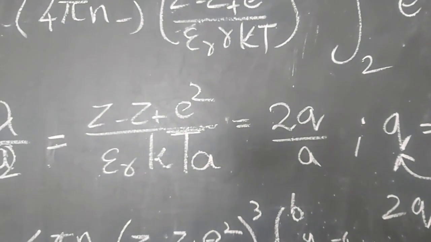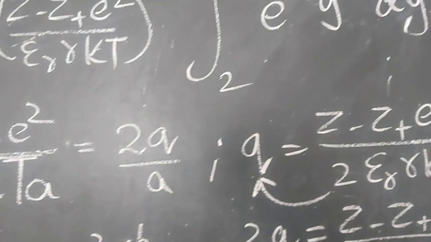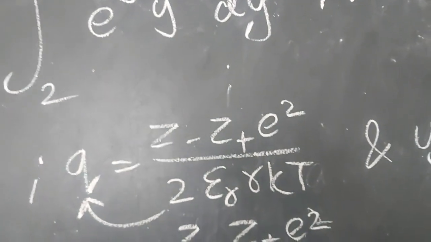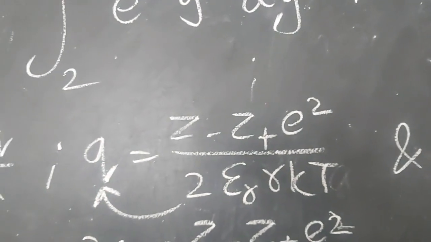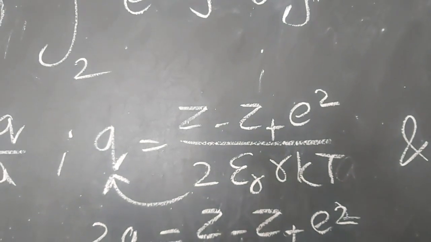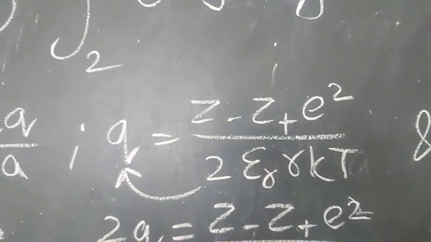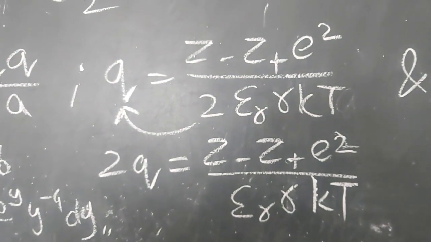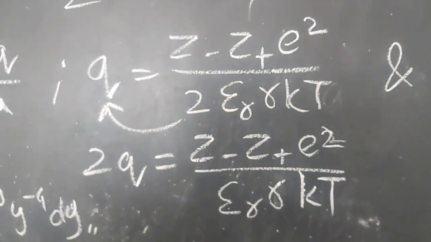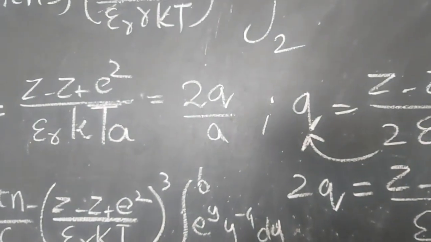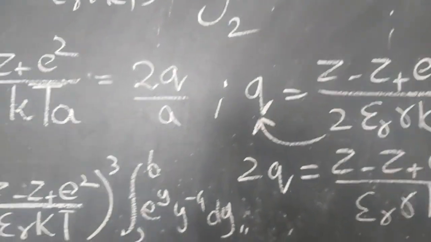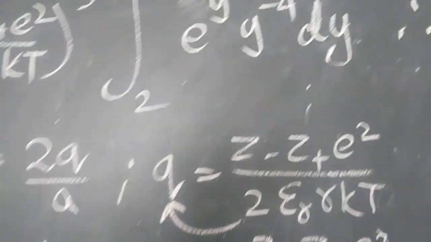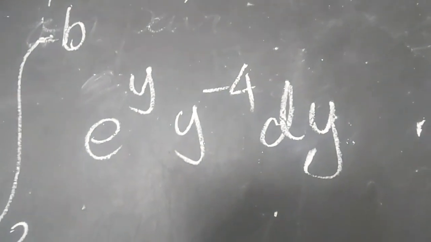What is q? Q is z minus z plus e square by 2 epsilon r kT. If this is divided by 2, then we will get 2q equal to z minus z plus e square by epsilon r kT, then we will get 2q by a. After this, how does this y derivative come?